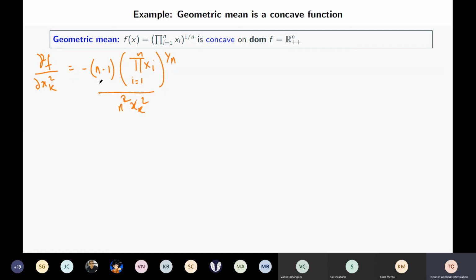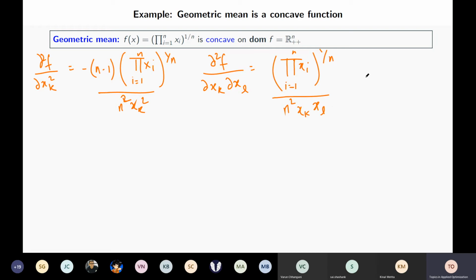I let you compute this derivative, and then I claim that the mixed partial derivative, which is del xk del xl, will be the product of xi, i equal 1 to n, to the power 1 by n, divided by n square, and then xk and xl, for k not equal to l. For k equal to l, we have already done this.